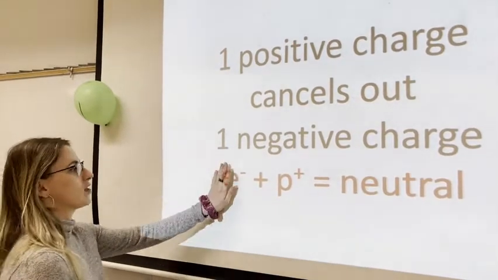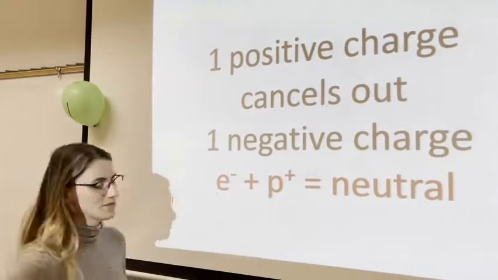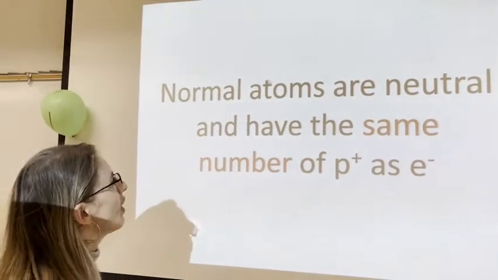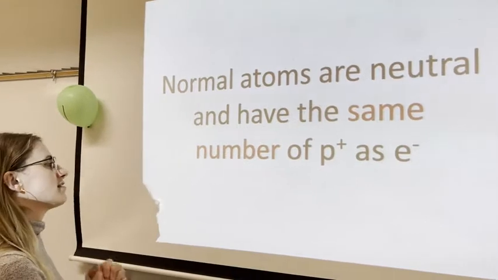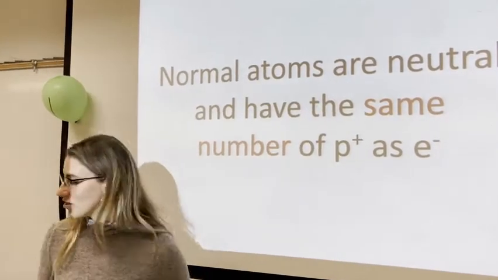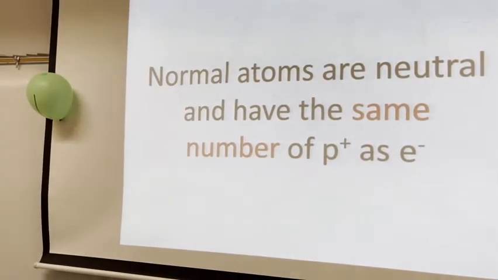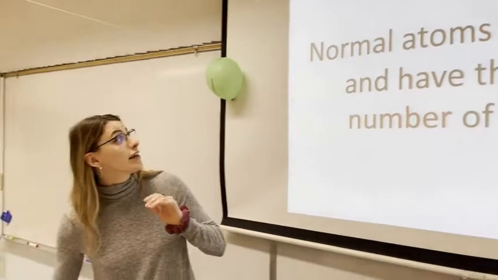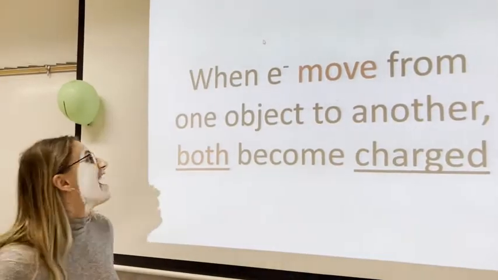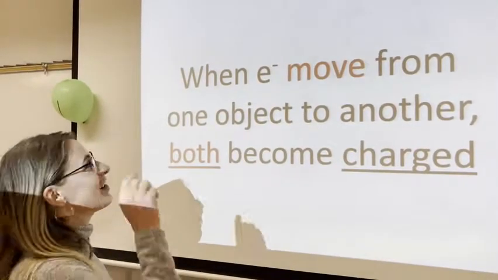So an electron plus a proton gives you neutral. All right, normal atoms are neutral and have the same number of protons as electrons, so they all cancel each other out. This is important review. If you're feeling confident, that's a good thing. If you don't know what's going on, watch the last video again. It'll get better today.